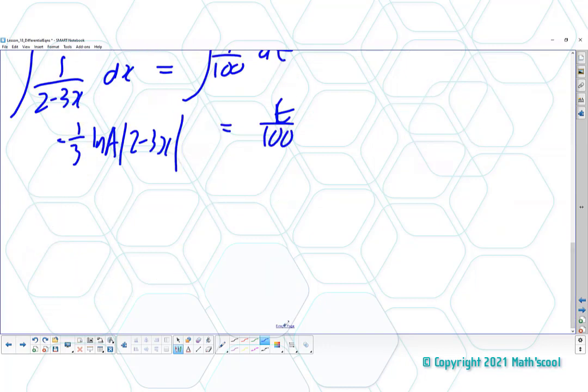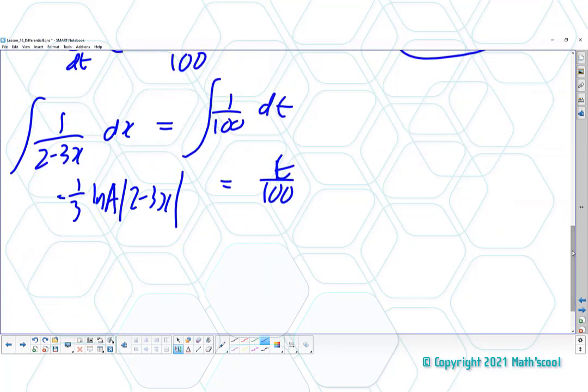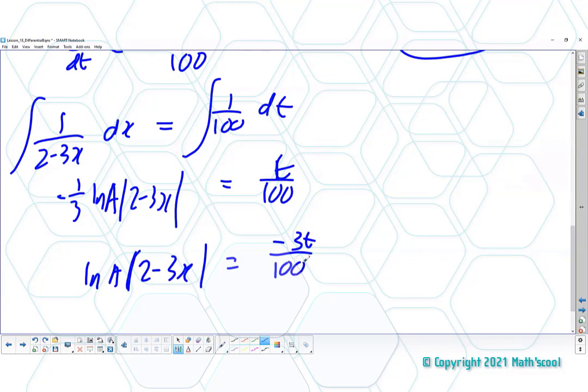Let's rearrange it. So ln of 2 minus 3x equals minus 3 over 100 t.